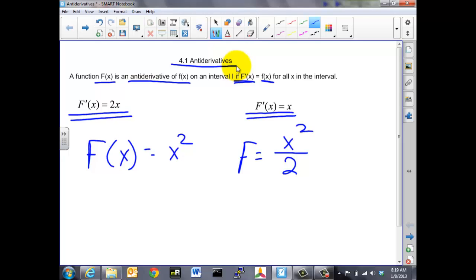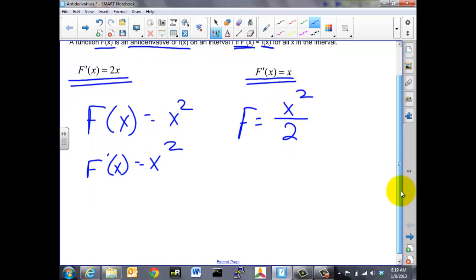And how do you know? Take the derivative of this. If you can take the derivative and get there, guess what? You got it right. If you can't take the derivative and get there, guess what? You got it wrong. So let's take a couple more before we move on to the next slide. What if I tell you the derivative is x squared? What's going to be the antiderivative?